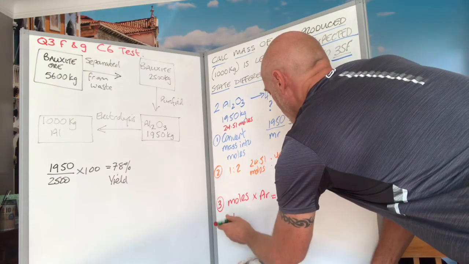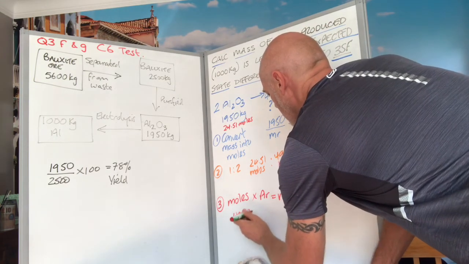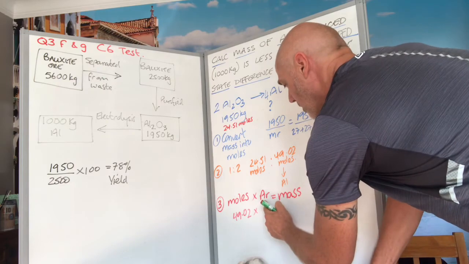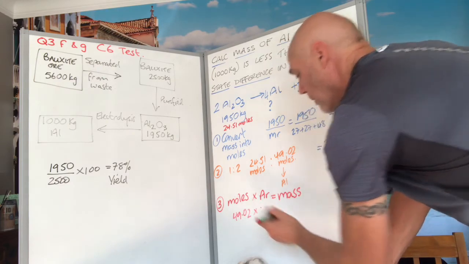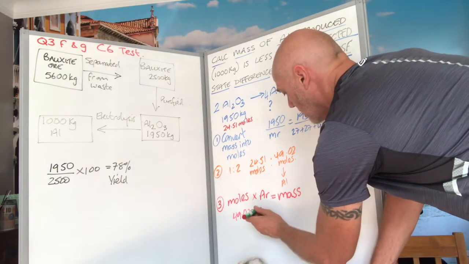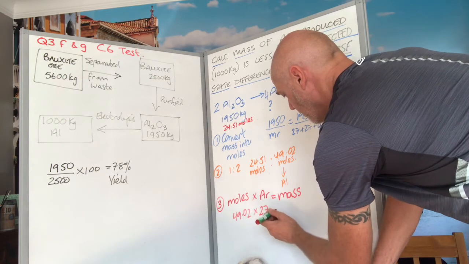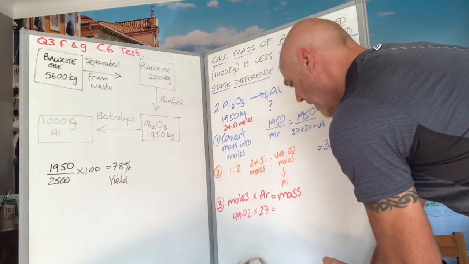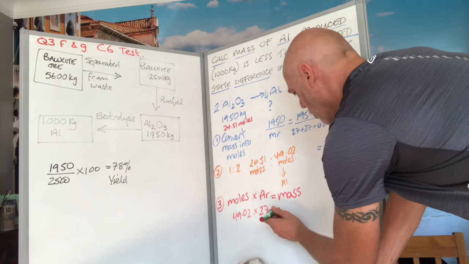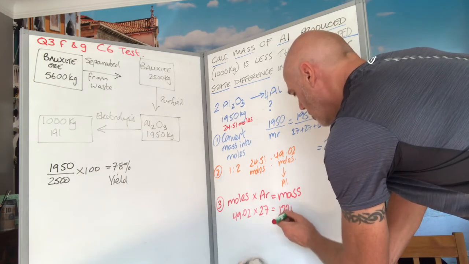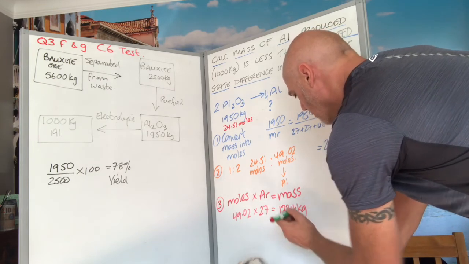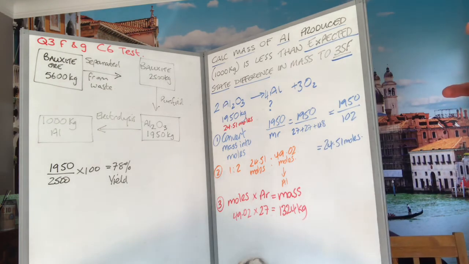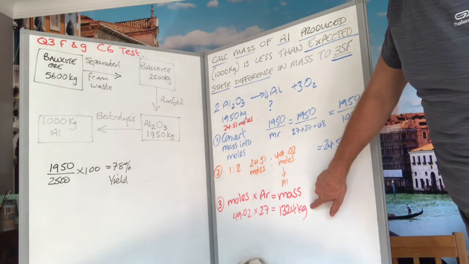So we've got 49.02 multiplied by the AR of aluminium. So you find that on the periodic table, it's the mass number, 27. And that will give us a mass of 1324 kilograms. So that's the expected mass.